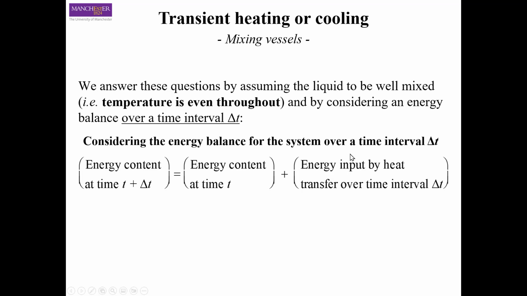Then we started to heat up the system by inputting energy from the hot fluid through the jacket to the cold fluid, that is the bulk of the liquid, over a time of delta t. If you add these two, we get the increment in energy over a time interval of t plus delta t, so how the energy has changed.